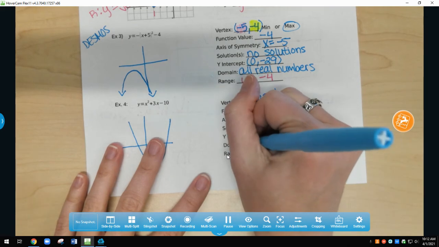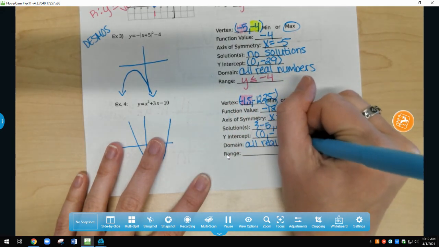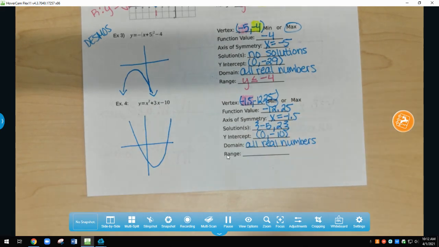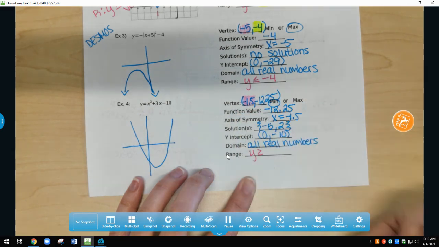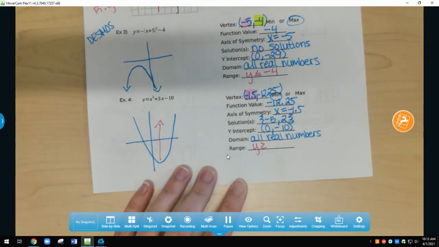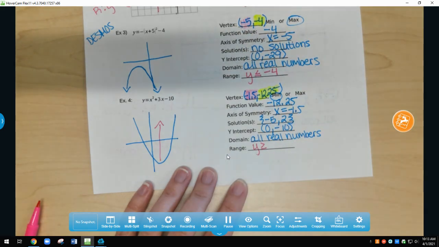Our domain is all real numbers. Okay, the range, it's opening up, so y is greater than or equal, because it's going up. So y is greater than or equal to the y value of the vertex, so negative 12.25.